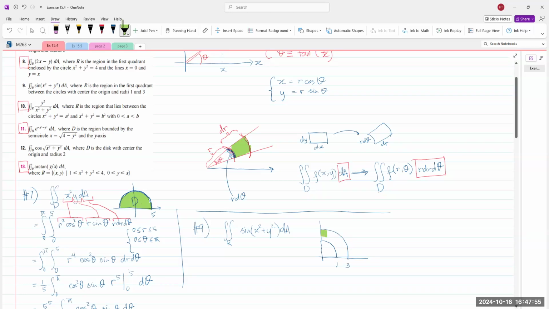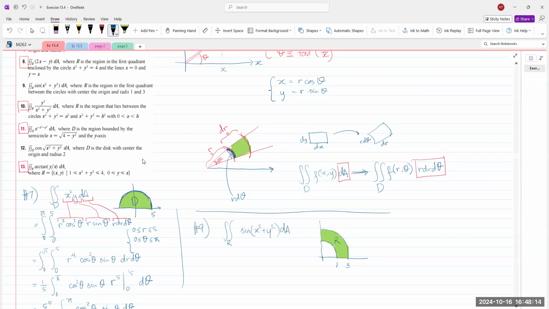So this is the domain of R. Okay, that's the R. So far so good.